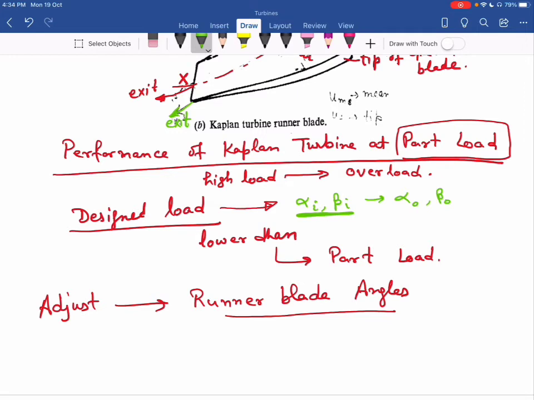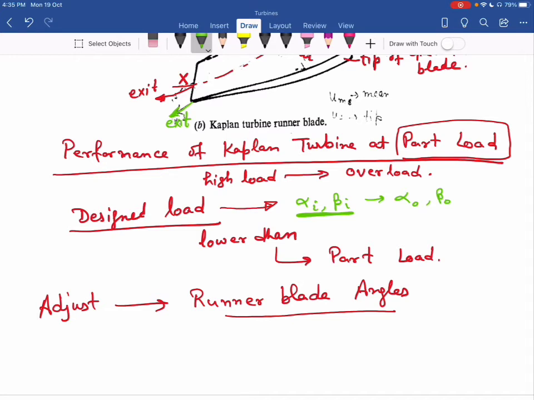So again, by the change in runner blade angles, water enters the runner without shock. As my load changes, the position of the runner blade changes, so my angle changes. So the water enters the turbine blade smoothly. Smoothly means without any shock, so there are no shock losses. Therefore the efficiency of the turbine is on the high side.